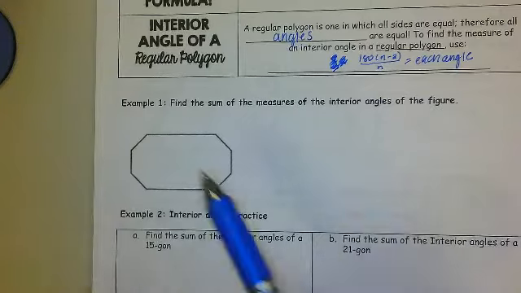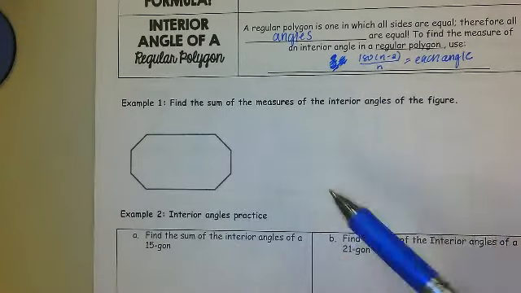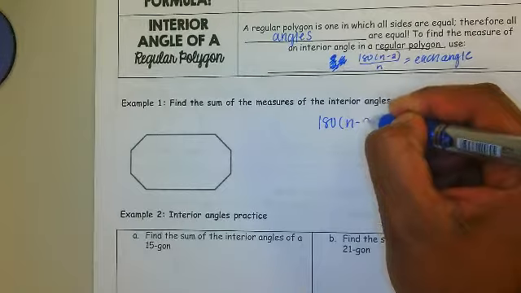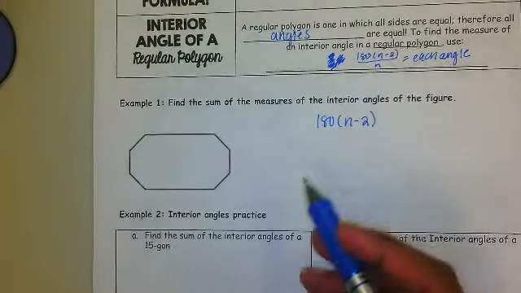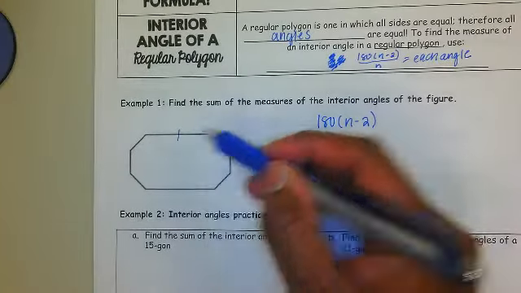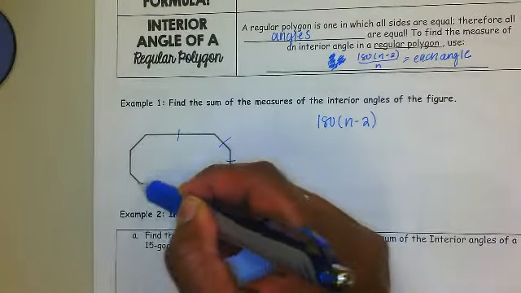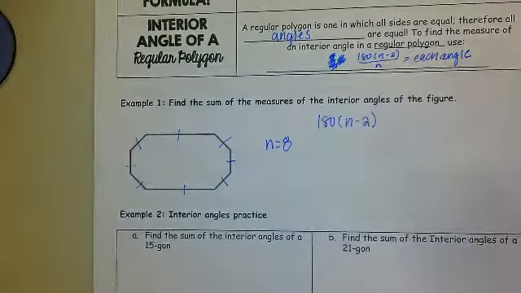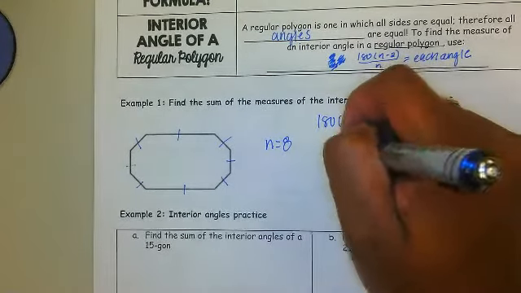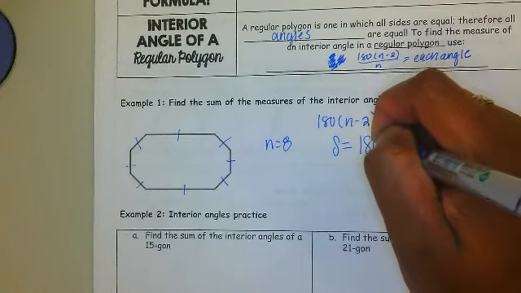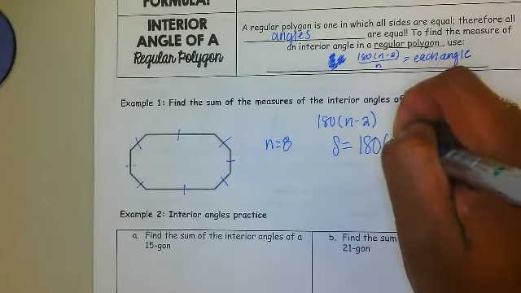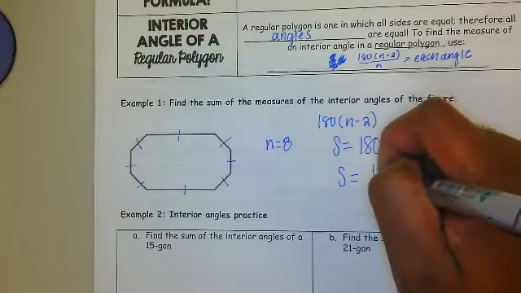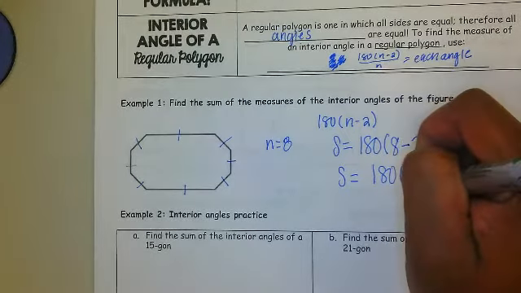Example 1 says find the sum of the measures of the interior angles. Our sum formula is 180 times n minus 2. First we need the number of sides: 1, 2, 3, 4, 5, 6, 7, 8. 8 sides, so n equals 8. Our sum equals 180 times 8 minus 2, so 180 times 6.